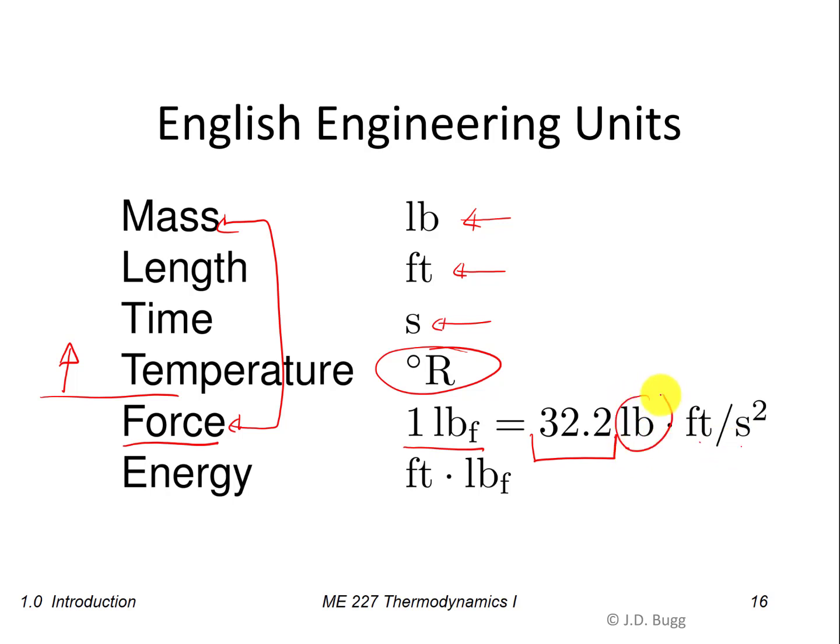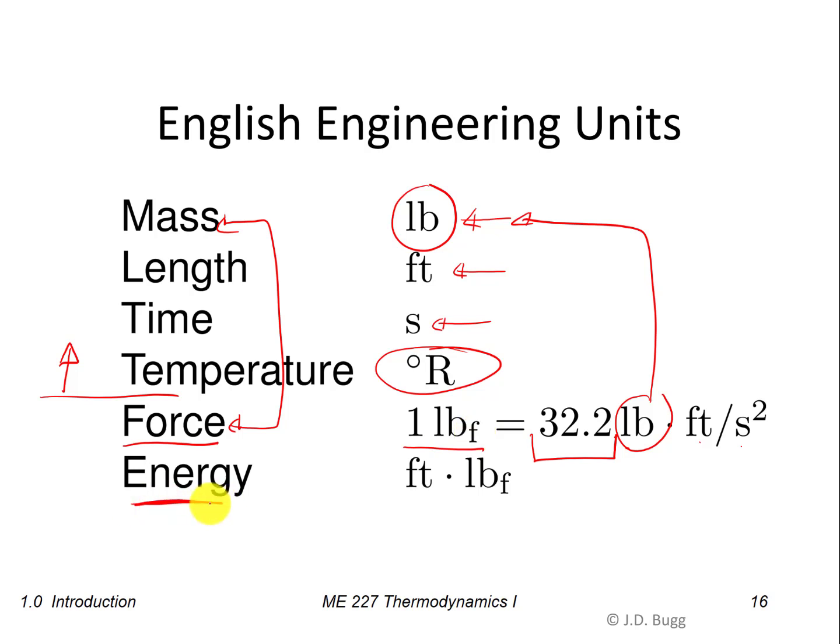Notice that is a pound mass, this one up here. Sometimes you'll see a pound mass written with a subscript M on it to, again, help us remember that it's a pound mass, but in this class just a straight lb with no subscript refers to a mass, and if it has a subscript F on it, it refers to a force.